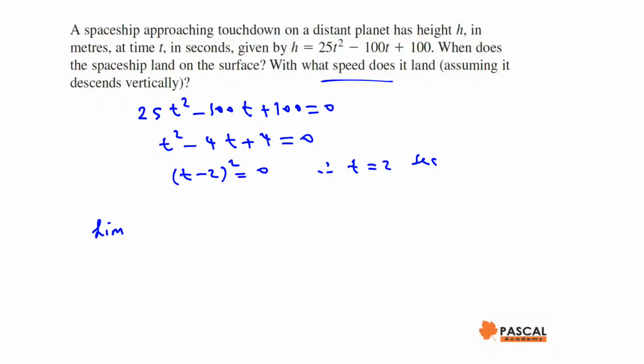The limit of h of 2 plus h minus h of 2, divided by h as h approaches 0, is the instantaneous rate of change of height with respect to time, which is the speed at t equals 2.